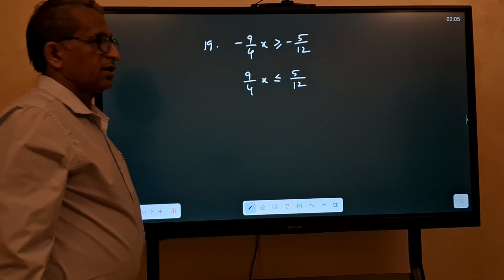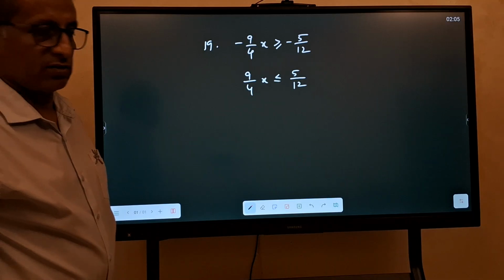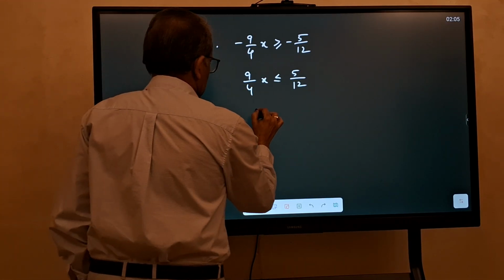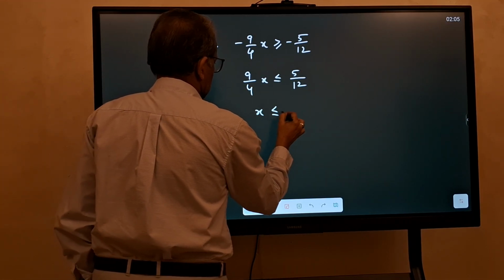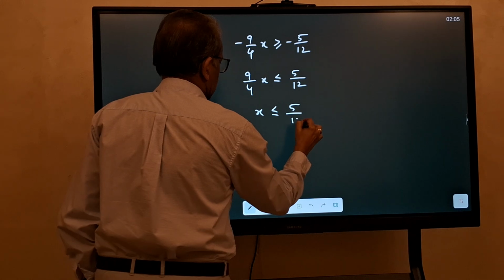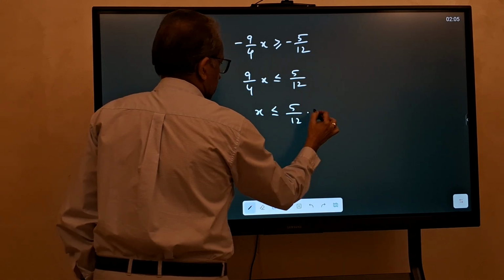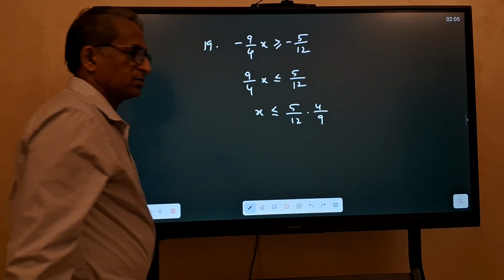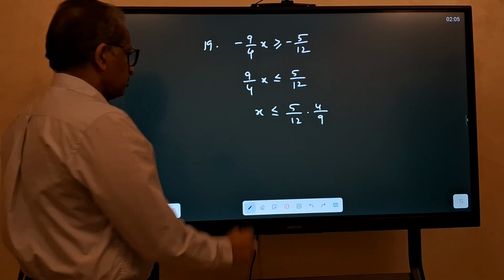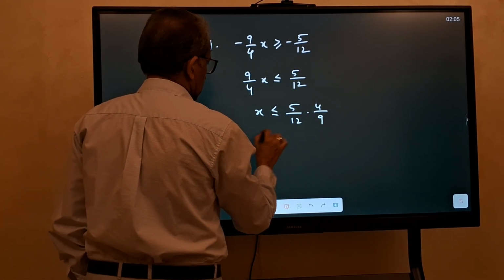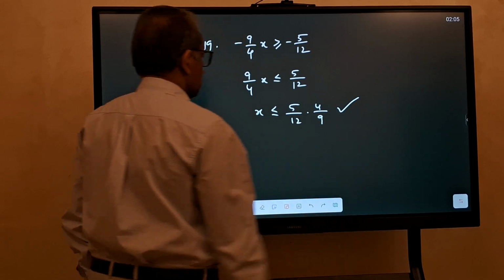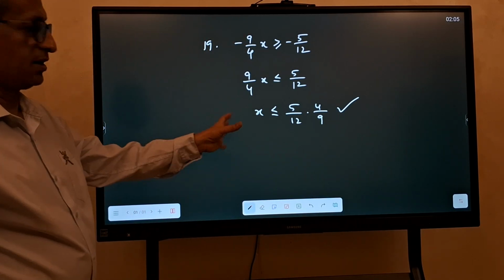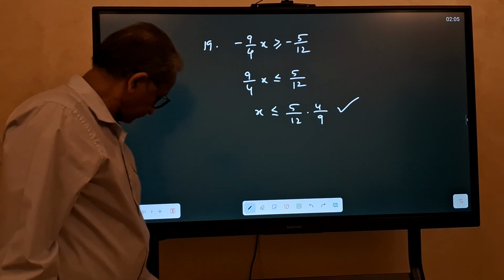First greater than or equal to becomes less than or equal to. But I want x on the left, so 5 by 12 I write. So I cross multiply. 4 goes up, 9 comes down. So you can cancel or whatever. So x is less than or equal to, that's the answer for this.